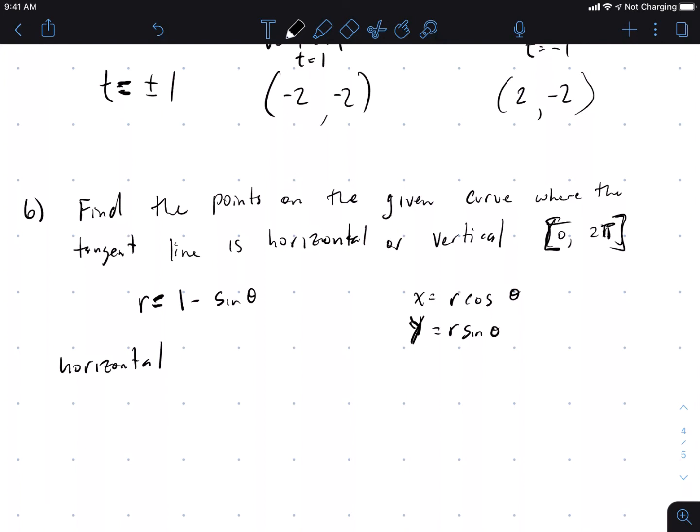Because in the horizontal, what are we interested in? Aren't we interested in the numerator? Yes. Okay, so let's look at this. So x then is going to be 1 minus sine theta times cosine theta, right? And y is going to be 1 minus sine theta times sine theta.